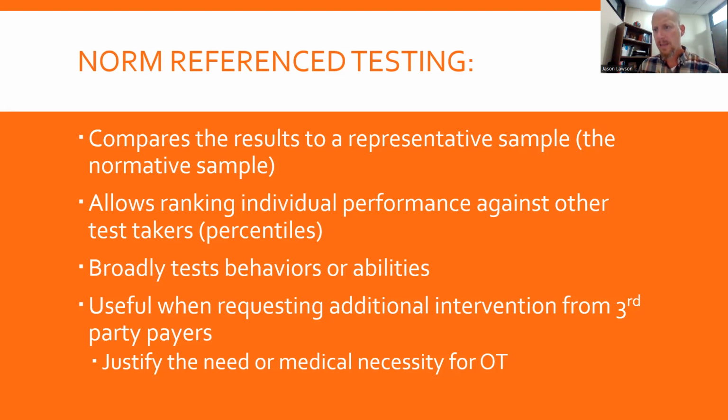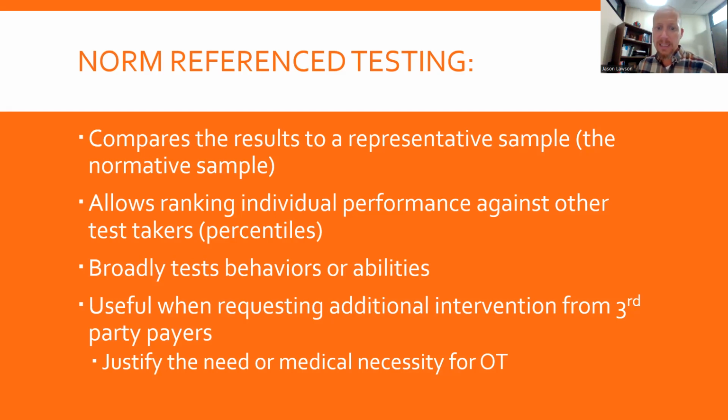More likely than not, we're going to be testing people who likely have issues or challenges, right? And so by testing them with some of these norm referenced assessment tools, we're more likely to say, oh, they're in the third percentile for children their age. I'll go through later on what exactly that means. But that allows us then to show what percentage of delay they have in comparison to that normative sample.